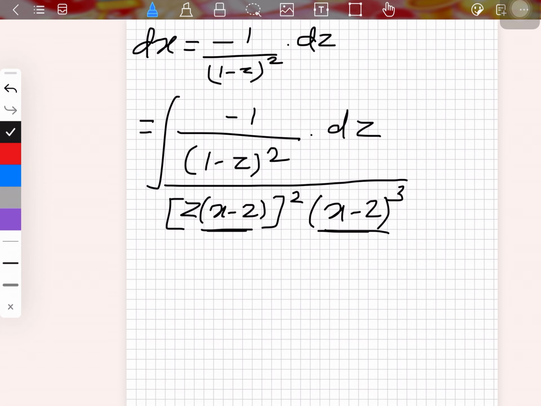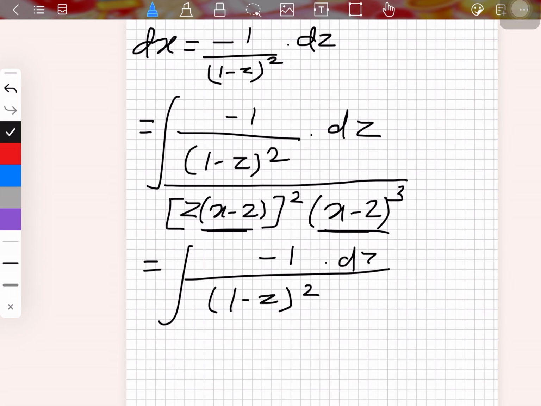So it would be (x minus 2) to the power 5. And yes, so let's do that. Minus 1 over (1 minus z) whole square dz, whole divided by z square times (z minus 2) to the power 5.